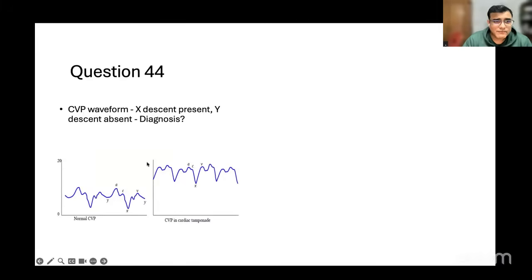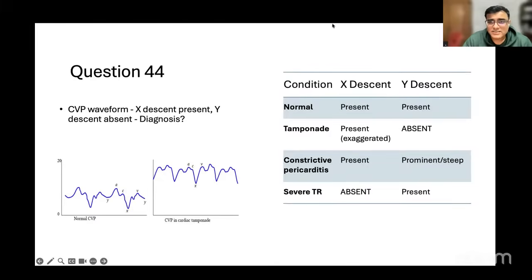A CVP waveform was given: X descent present, Y descent absent, and they asked the diagnosis. If that is the option, then obviously tamponade is the answer. Normally X descent and Y descent are both present, but in tamponade the X descent will be exaggerated and the Y descent will be absent.